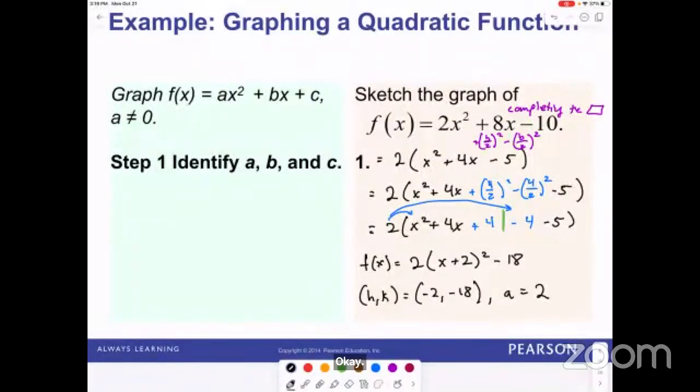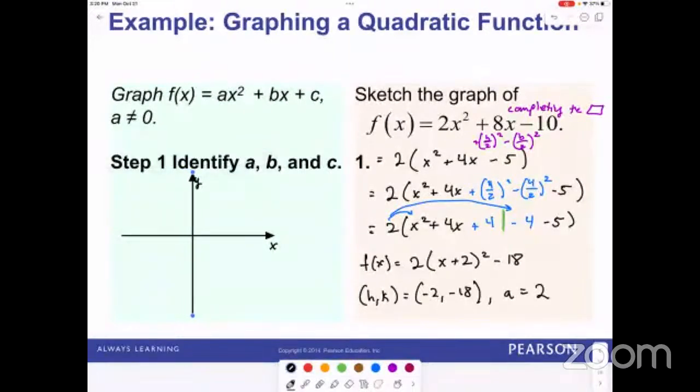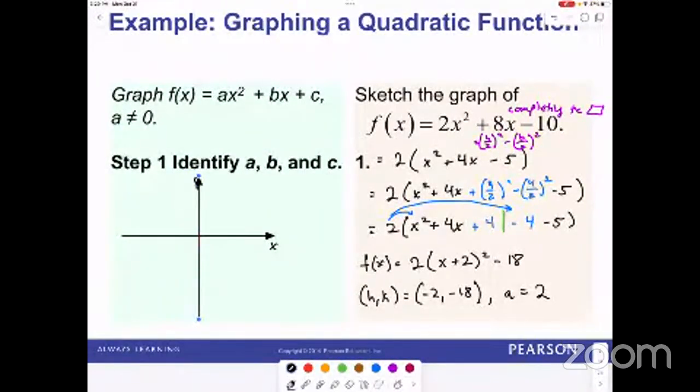We'll let this be our positive x direction, and we'll let that be our positive y direction. Let me see. The vertex we said was negative 2, negative 18.